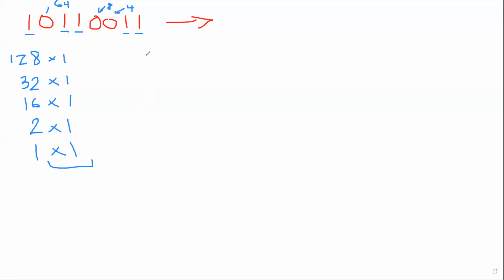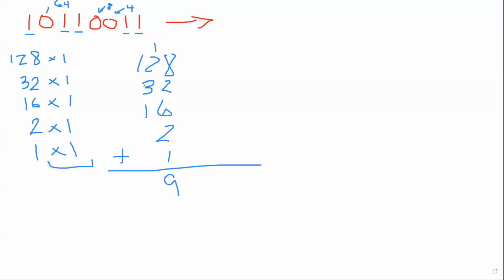And then you just have to use high-level math and add 128 plus 32 plus 16 plus 2 plus 1. And what number is that? That's 179. I think it's this. I'm on the spot. So that's your decimal equivalent for this number.